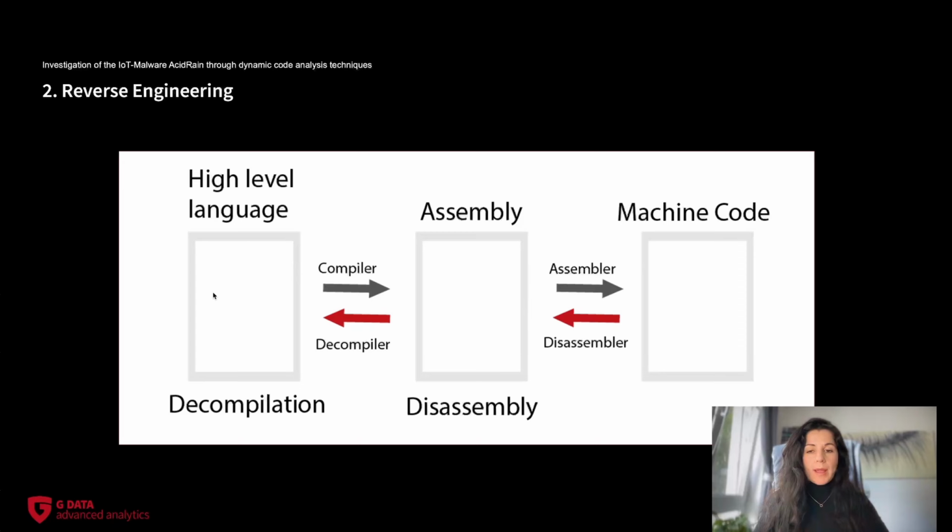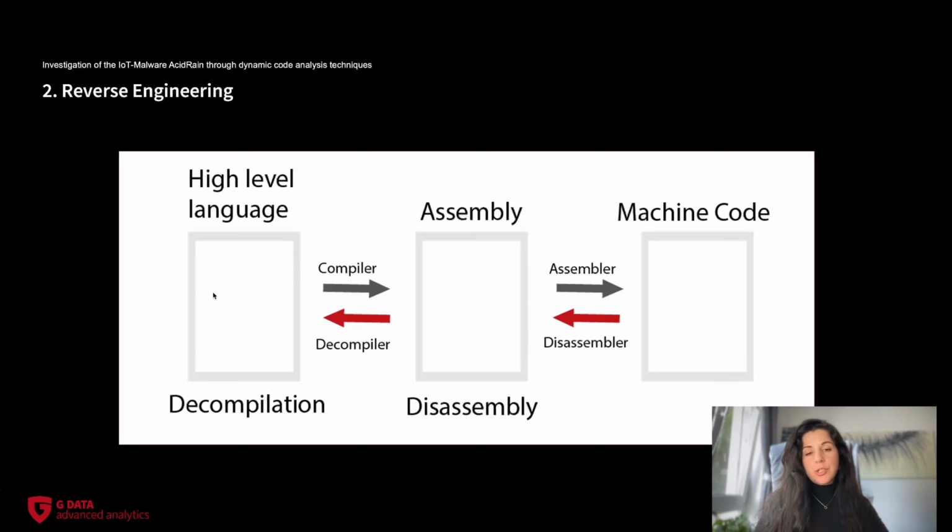And to run the program, we need to compile it. After compiling, the program is in assembly code, and the assembly code needs to be translated again into machine code. The machine code is the binary, the executable program. This is the way of a developer.